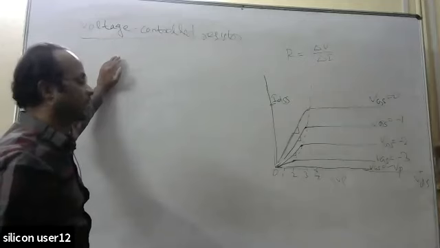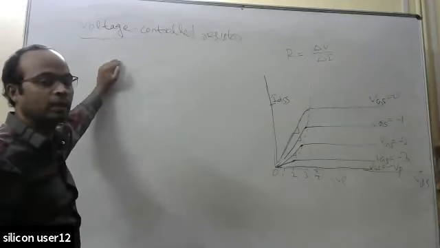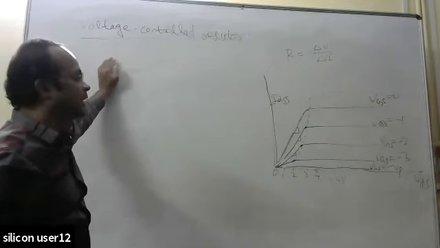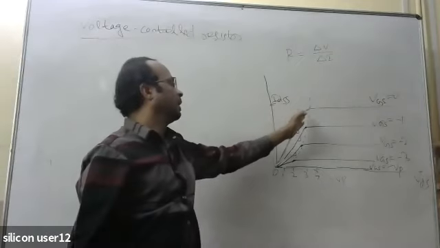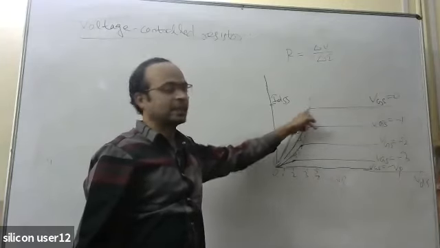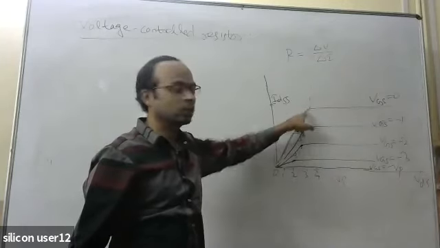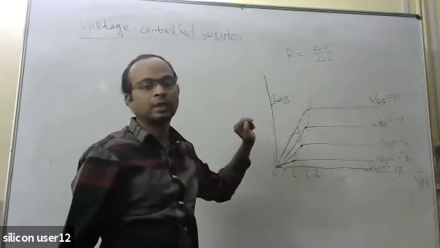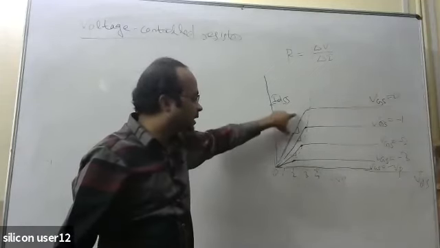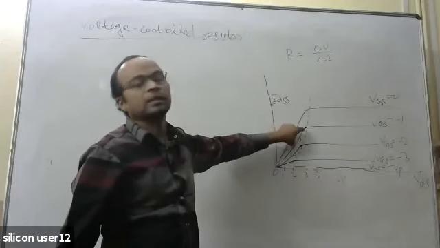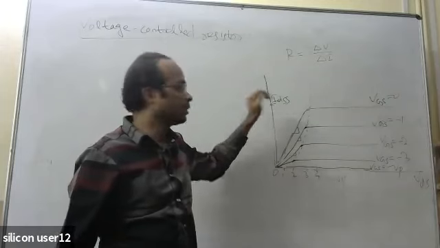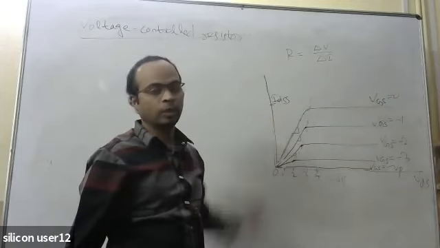Basically you can write down, or when I provide the note I'll write it also, that voltage control resistor means the JFET acts like a voltage control resistor before the saturation point. Why voltage control? Because the resistance can be changed with the change in the gate voltage. So that's why it is a voltage control resistor before this saturation point.